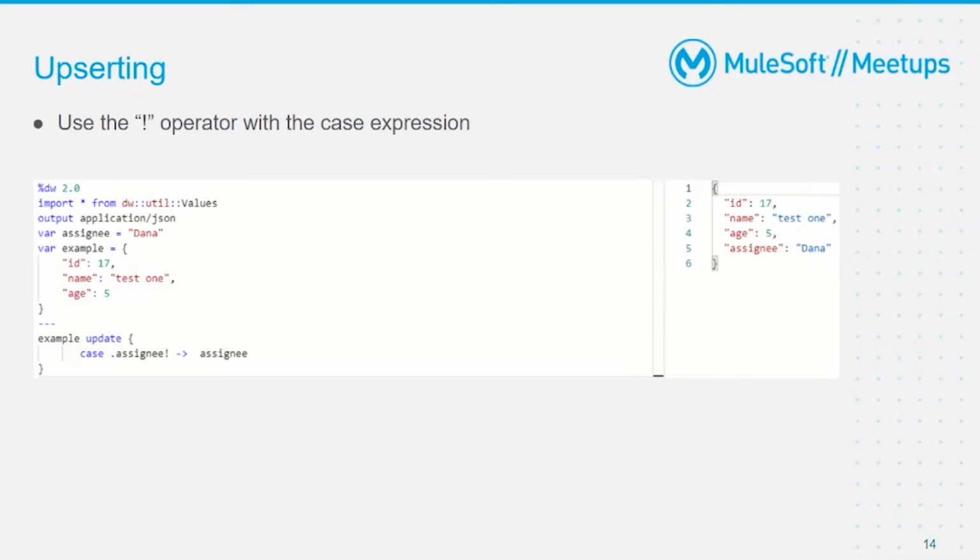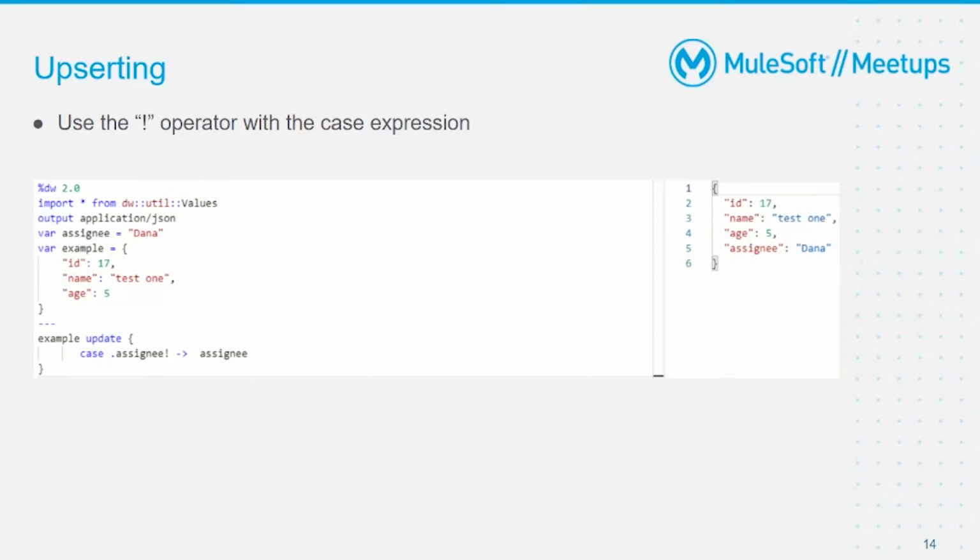So in this case, we have an example that does not contain an assignee field, and what we're doing is we're going in, checking to see if that example contains the assignee field, and if it does not, adding it in. That exclamation operator is the important one here, that makes it do this update even if it can't find the assignee originally.